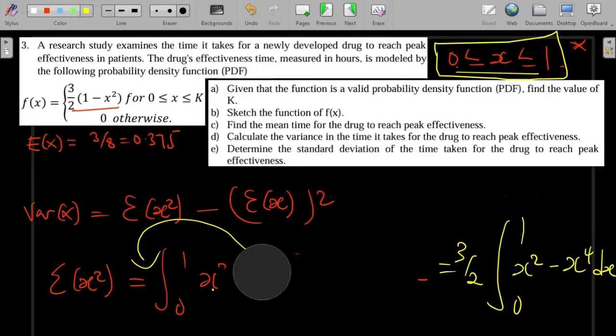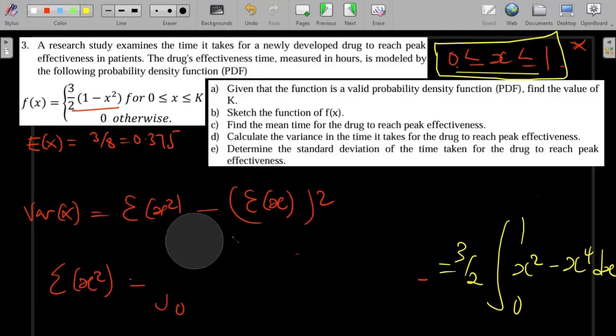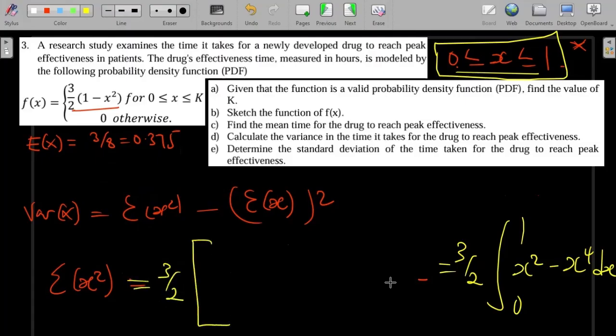And then from there, we can just do the integral and then substitute. So this will be equal to 3/2, and if I integrate x squared, I get x to the power 3 divided by 3. So you just add 1 to the power, and then you divide by that same new power. Minus, if I add 1 to this, I get x to the power 5 divided by 5.